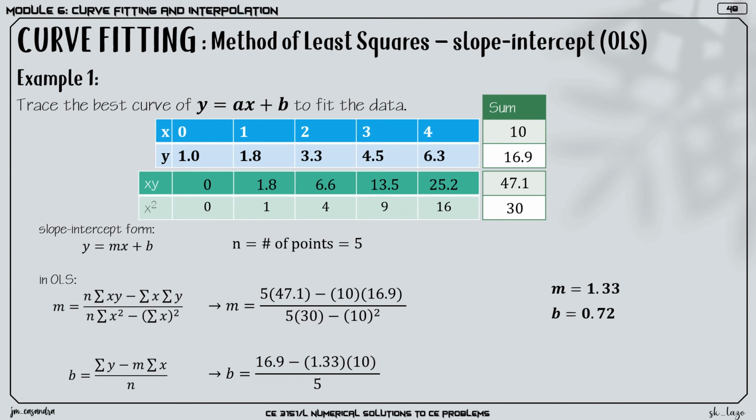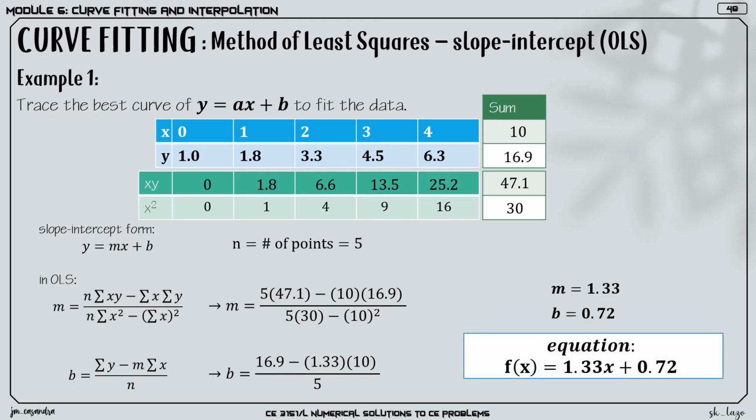Therefore, the equation that would best fit the given curve of the following data is f of x is equal to 1.33x plus 0.72. So if you're going to notice again, it is exactly the same as the equation that we have derived using the method of least squares by the system of equations.